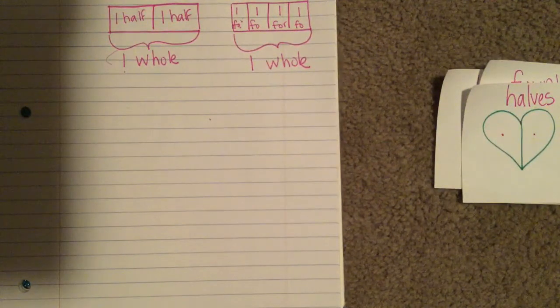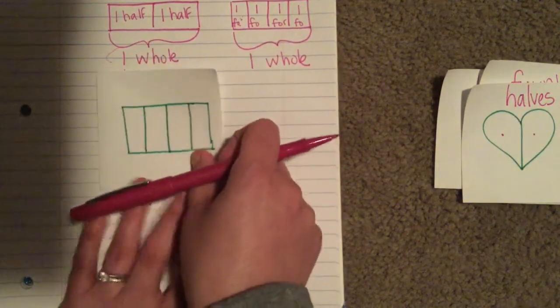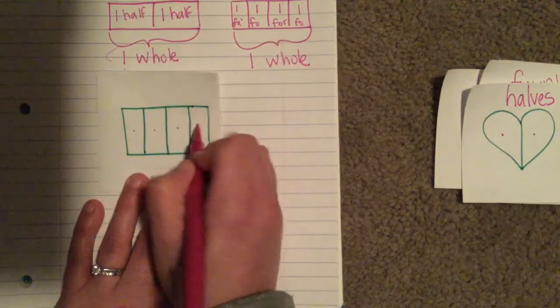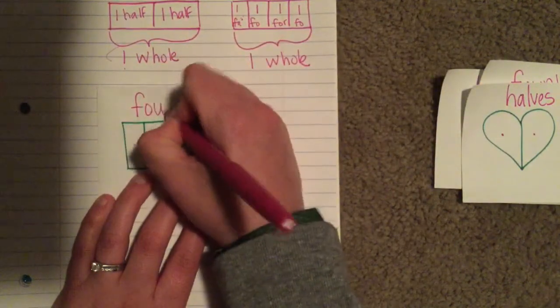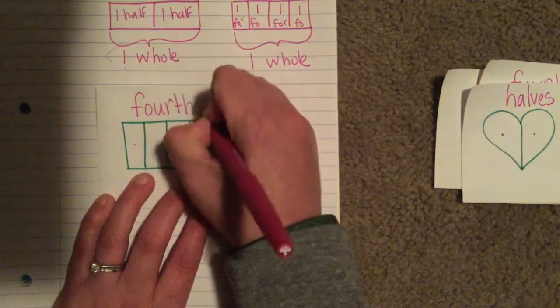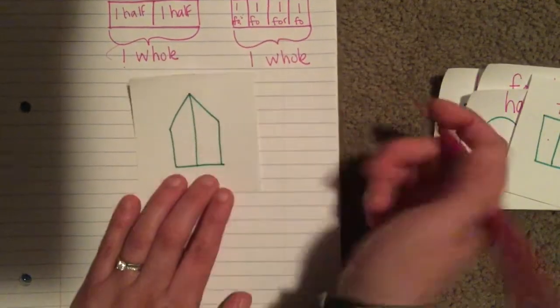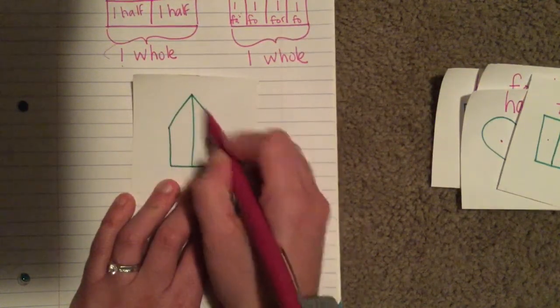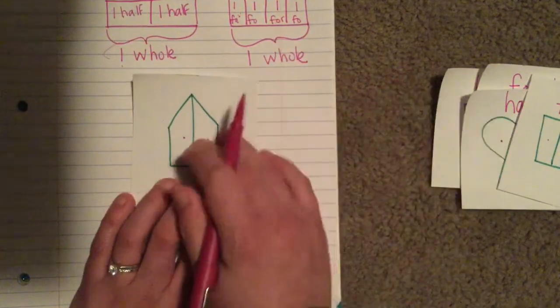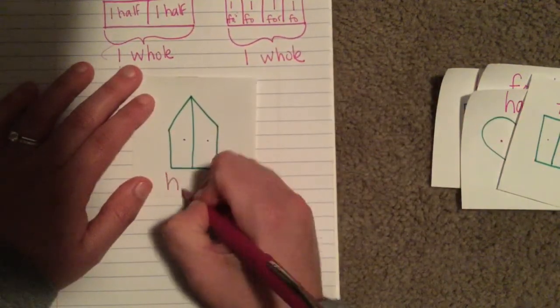Now here I have a rectangle, and it's divided into 1, 2, 3, 4 equal parts. So it's fourths. This is a pentagon, a shape we haven't talked too much about, but it has 5 sides. 1, 2, 3, 4, 5. It's divided into 2 equal parts, so it's halves.